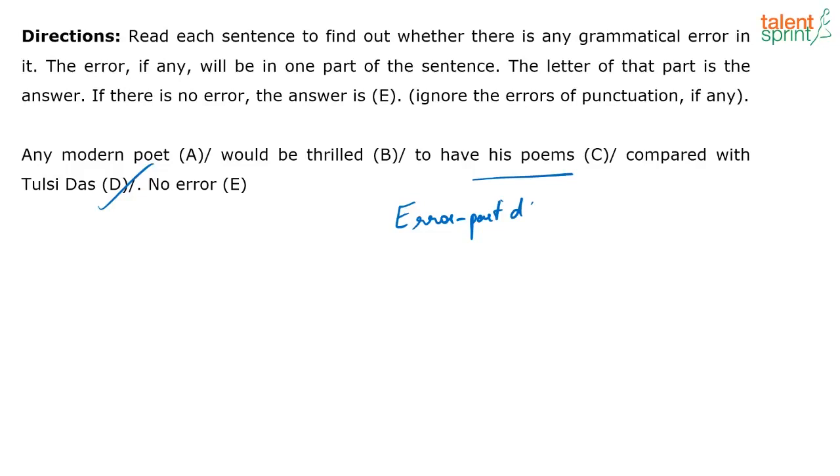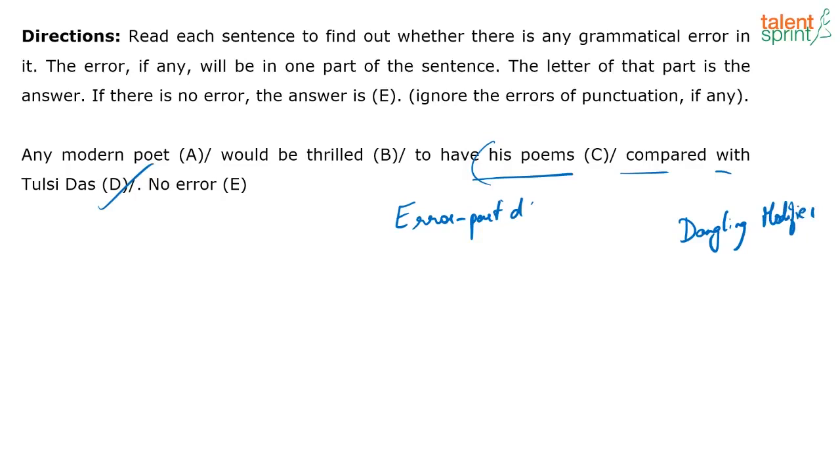Any modern poet would be thrilled to have his poems compared with, not Tulsidas, his poems compared with the poems of Tulsidas, right? Which means I need that clarity to come in. So this is what we call a dangling modifier.